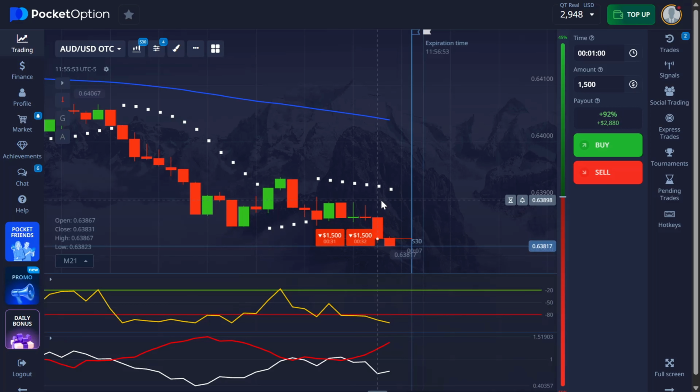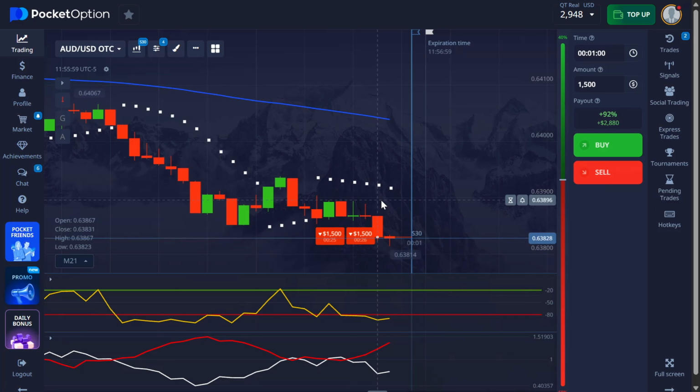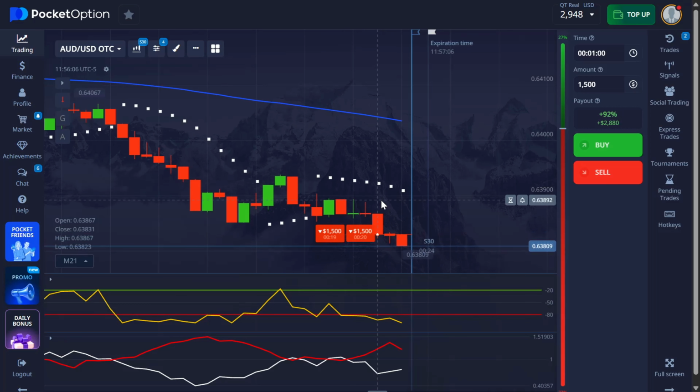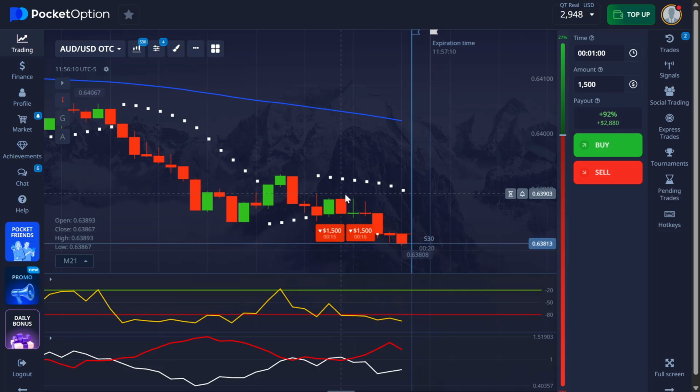The reason why I said don't let it pass the 6 is because the longer the parabolic run, it becomes weaker. The fresher it is, the stronger it is, based on the settings I set.